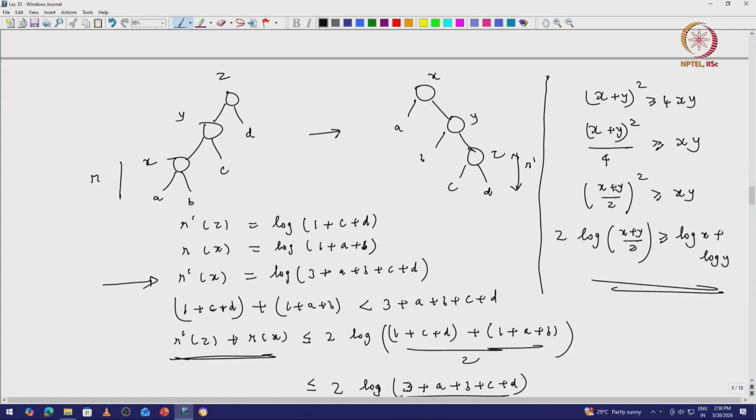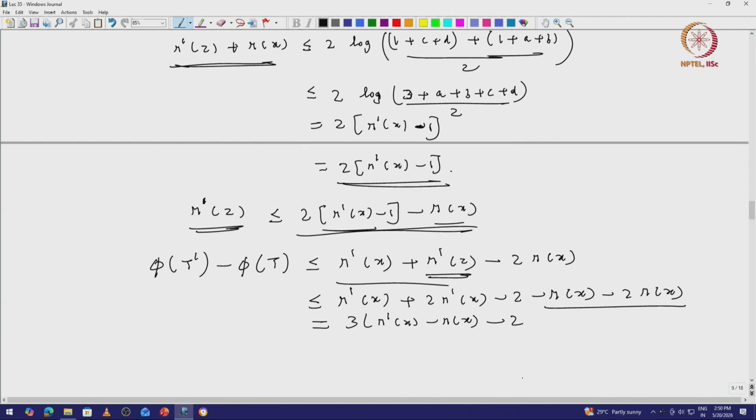Therefore, the actual cost for this stage is 2.